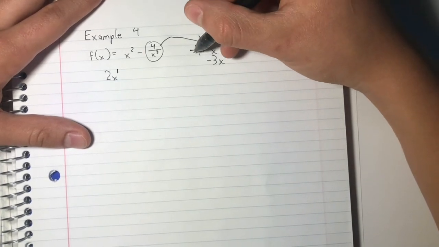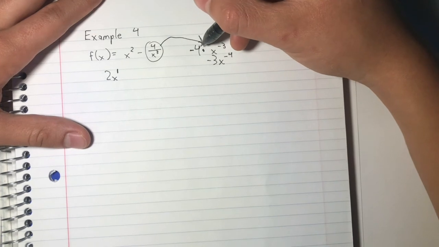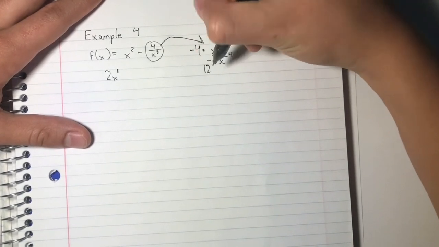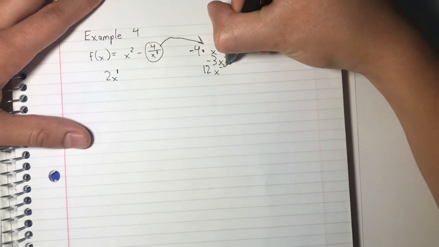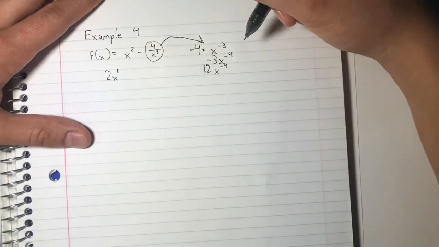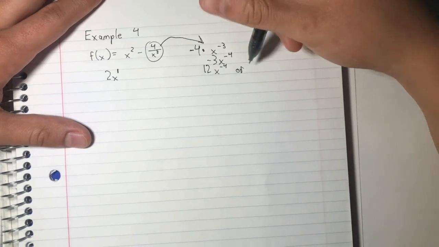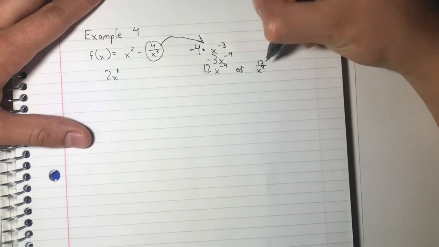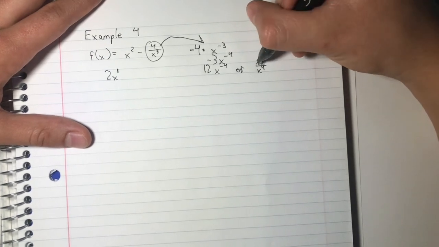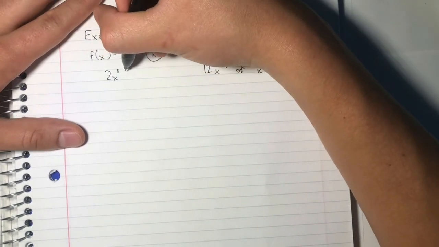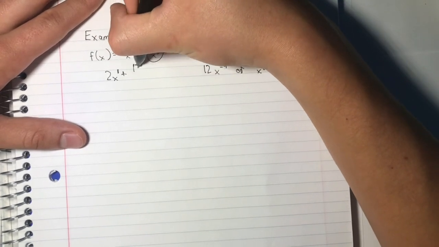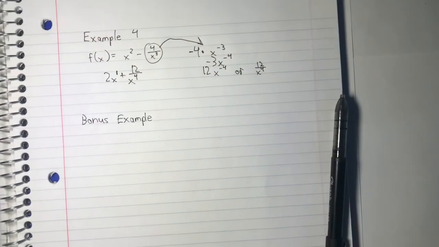Now, if we multiply back in our negative 4, we get 12x to the negative 4th power, or we have 12 over x to the 4th. So now if we get this, we can bring this back over here, so we have 2x to the 1st power plus 12 over x to the 4th power.